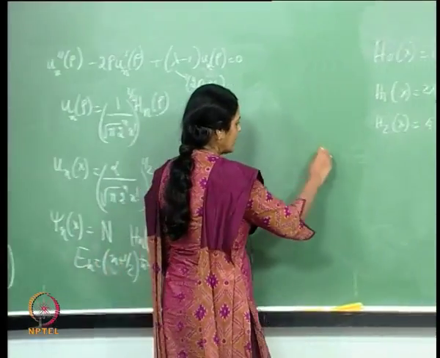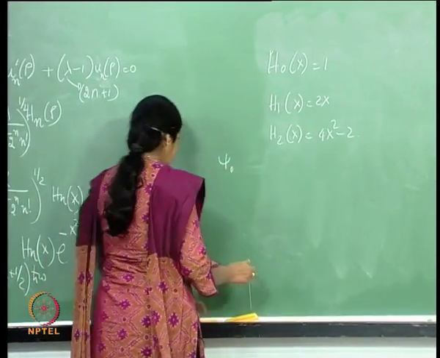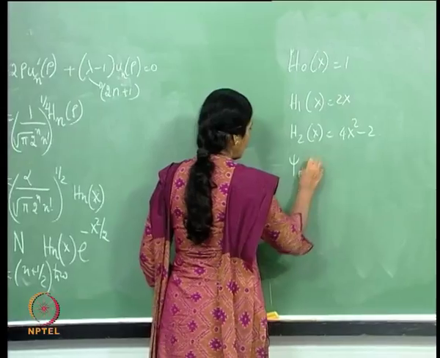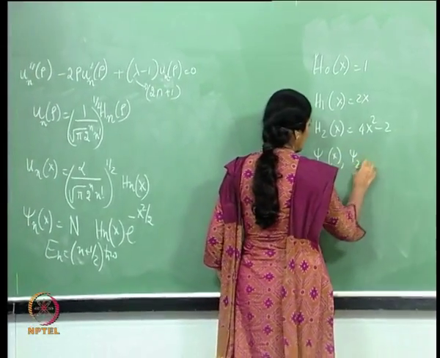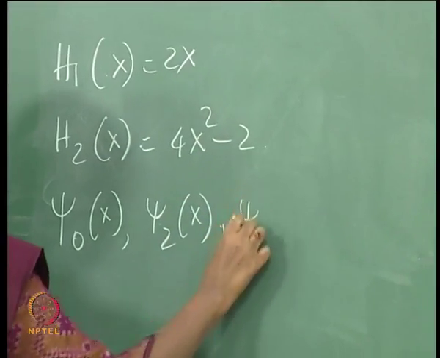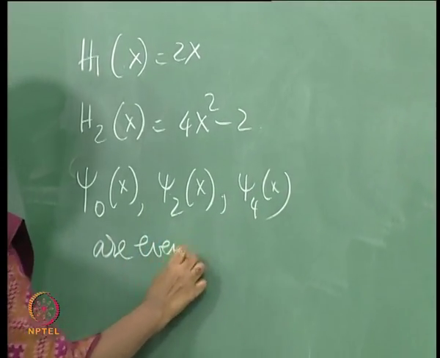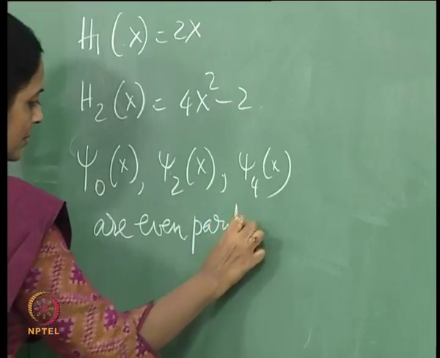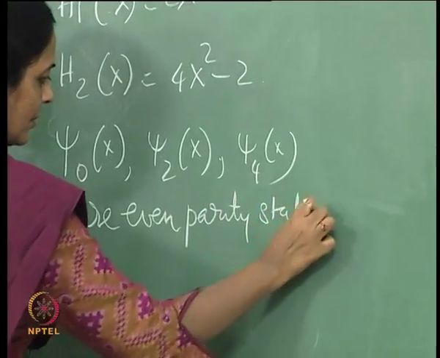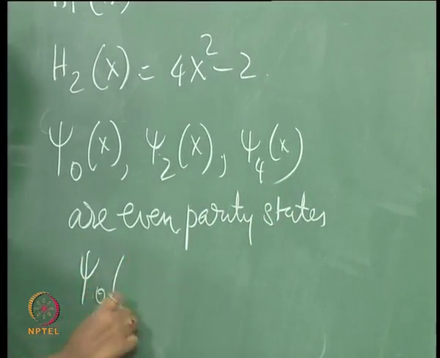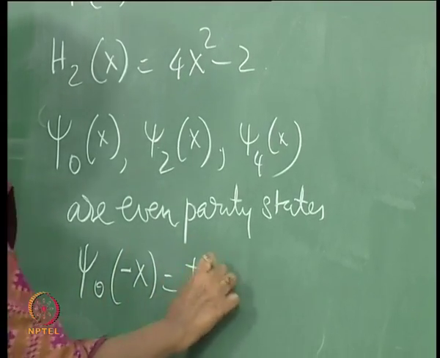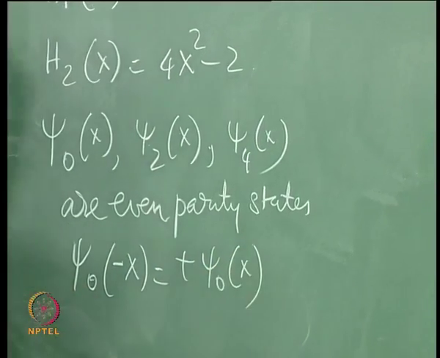It is clear that psi 0 of x, psi 2 of x, and so on are even parity states. That means psi 0 of minus x is plus psi 0 of x, and so on.